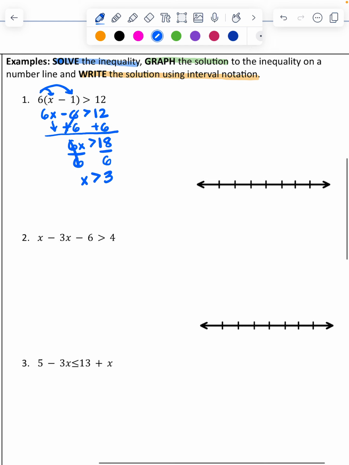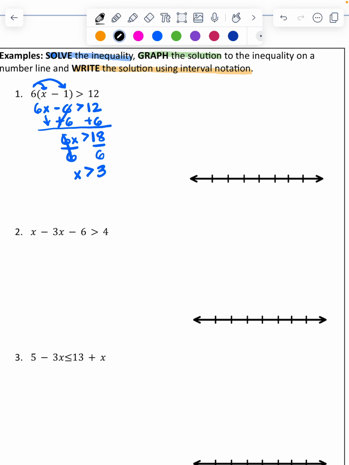So I have solved. Now I'm going to graph the solution. So I'm going to put 3 in the middle of my number line. And based on the symbol, I'm going to be using an open circle, and it will point up the number line toward positive infinity.